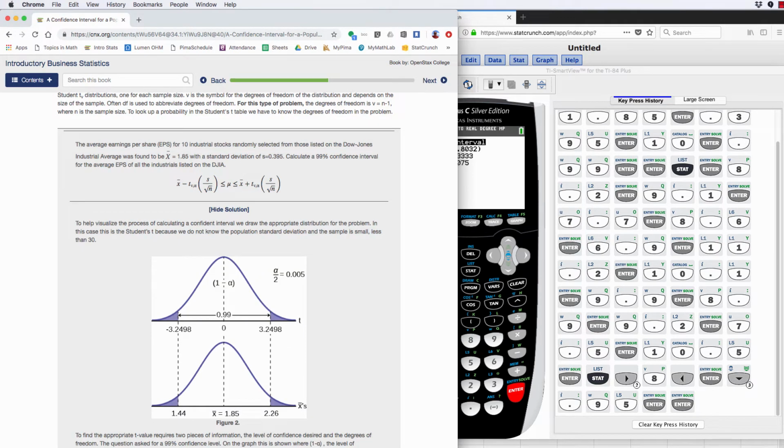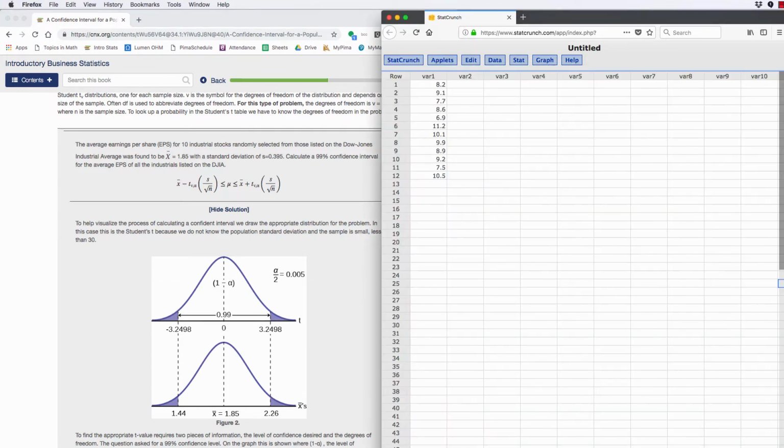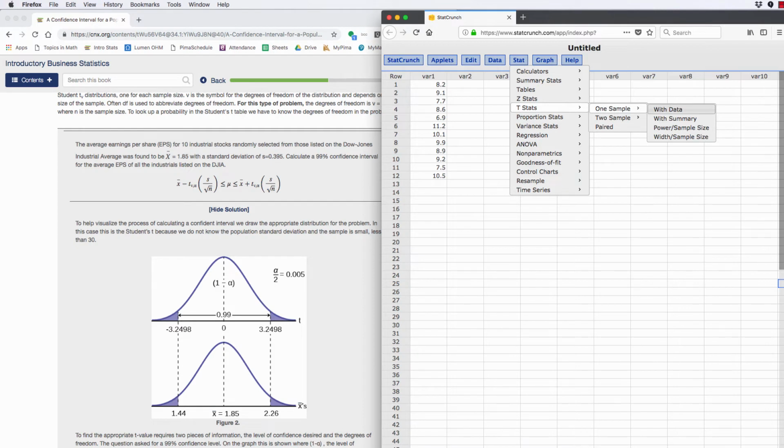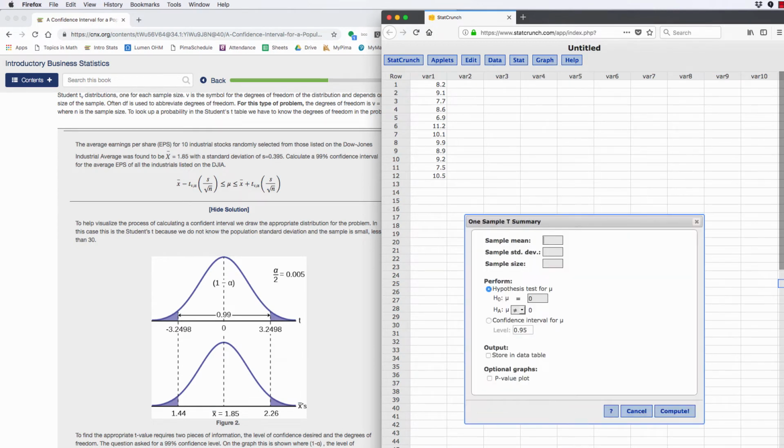Now let's do the same two with StatCrunch. Stat. We're going to do T-stats, one sample with summary for the first one. The sample mean is 1.85. The standard deviation is 0.395.